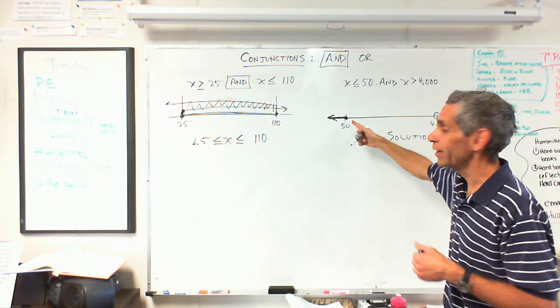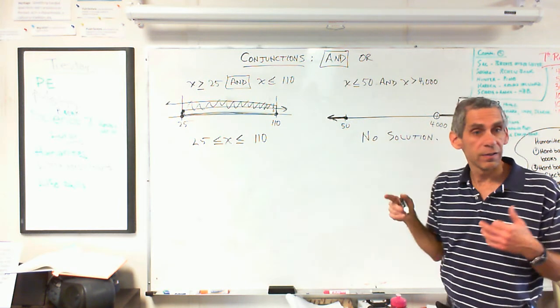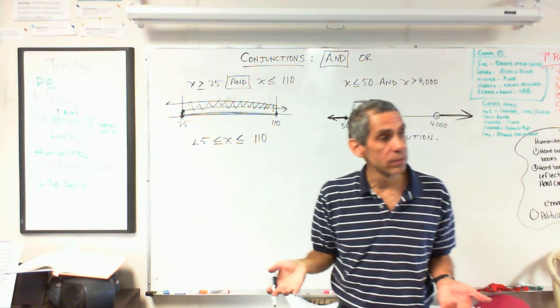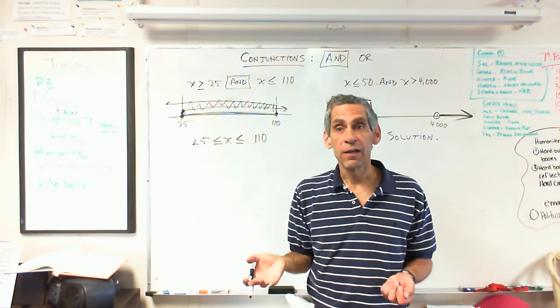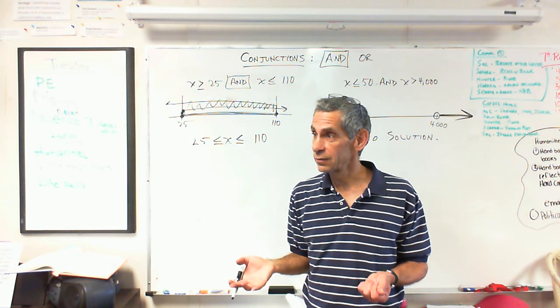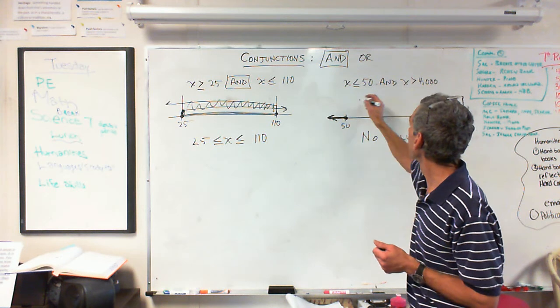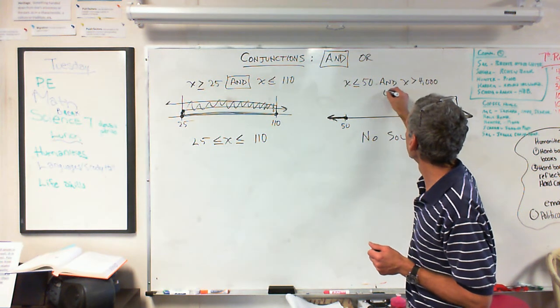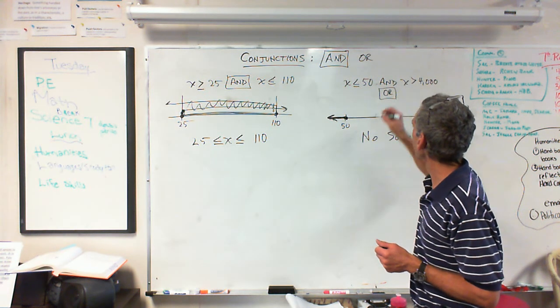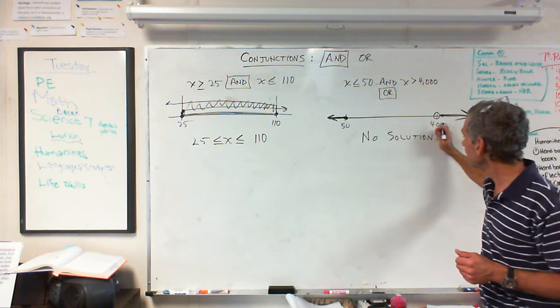It's when you don't have any overlap. There's no overlap. This will never overlap this. And if it's an and conjunction, then there's no solution. If it's an or conjunction, there is a solution. This will be just a precursor. Let's say I changed that to or. Now it's not no solution.